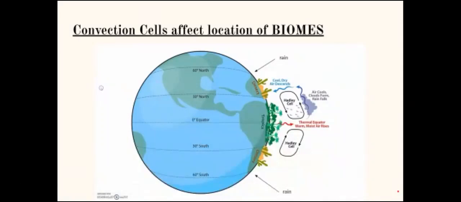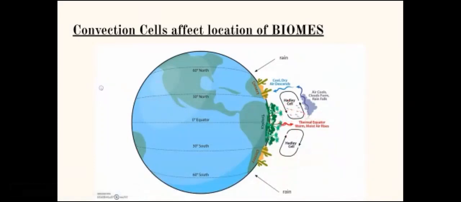Now, one thing to keep in mind with this is because of the change in density and rainfall and stuff like that, you also get different biomes in different locations of the world. As I mentioned, warm air rises and carries water with it, and then as it cools, it will rain back down.